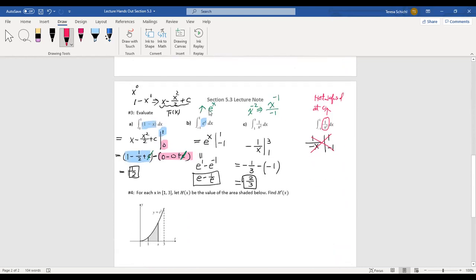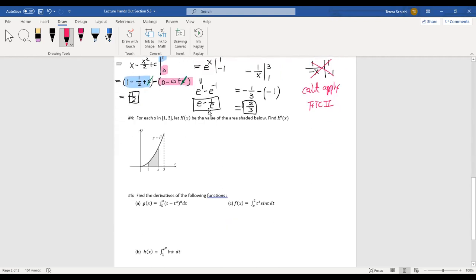So I cannot use the fundamental theorem of calculus part 2. Now, how do I do it? We're going to talk about in later videos how we deal with this one. But for the other one, I can apply the fundamental theorem part 2, but I do have a different method I can use.